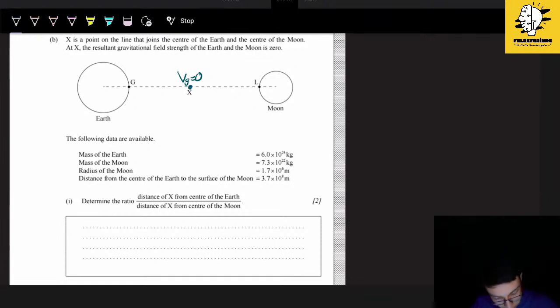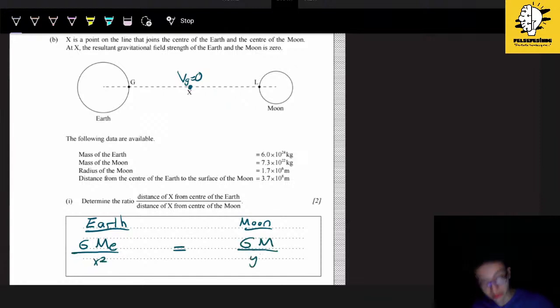And we know that, let's write it like Earth and Moon. Meaning that G M Earth over x square will be equal to G M Moon over y square at this point, right?